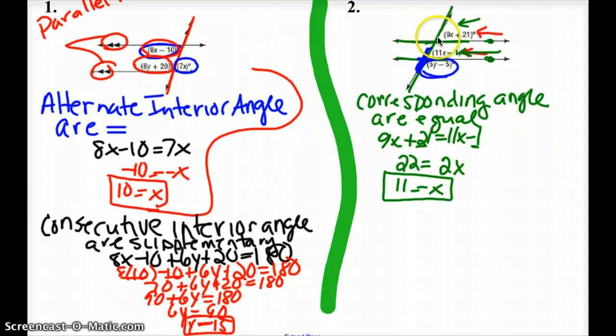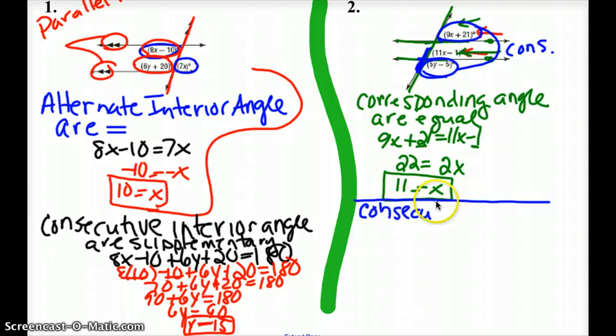Or I could take this one up here and say that these two are consecutive interior-exterior angles. So I'm going to write that. They are consecutive exterior angles are supplementary.